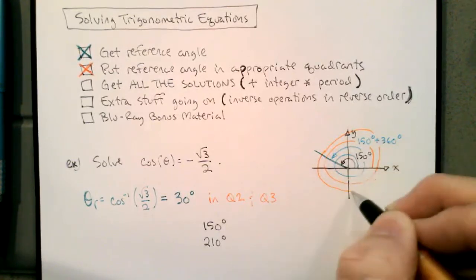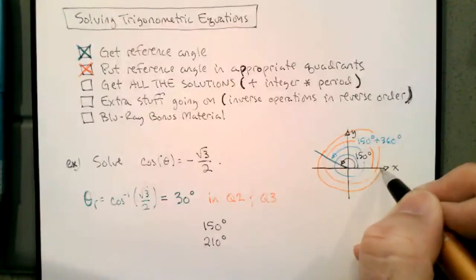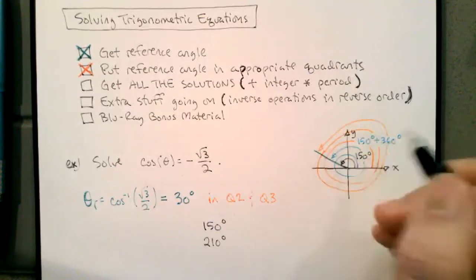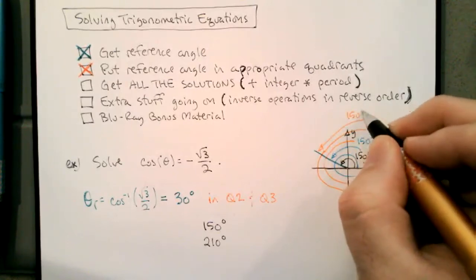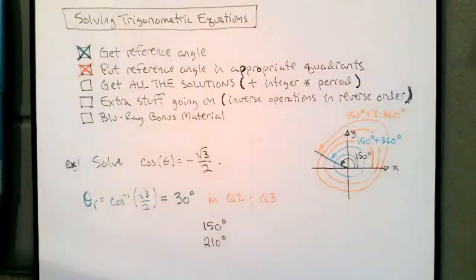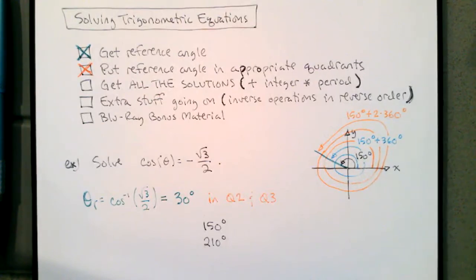Once, twice. And there I have 150 plus 2 full circles. This is because the cosine of theta has a period of 360 degrees. So what we can do is we could say that the solutions are 150 plus any integer multiplied by 360.